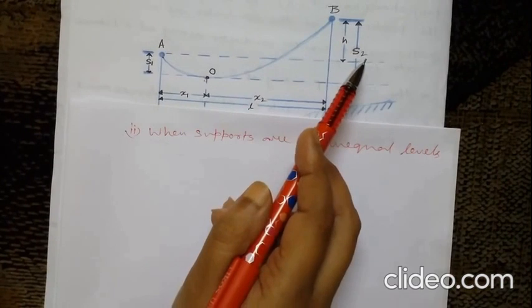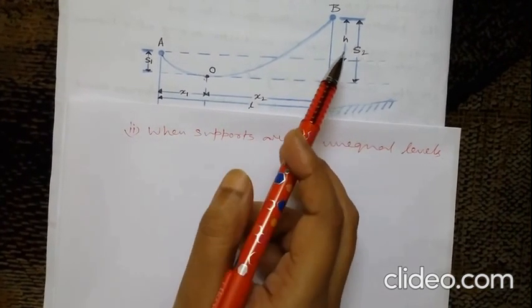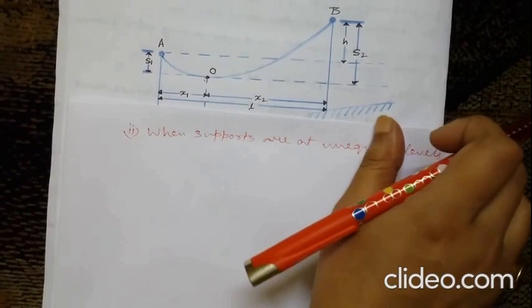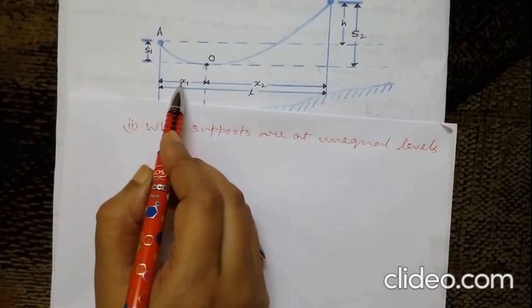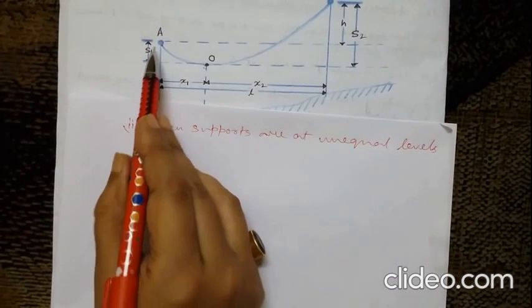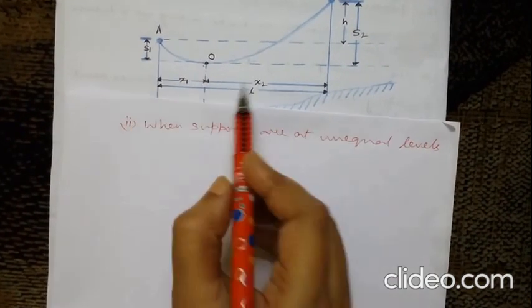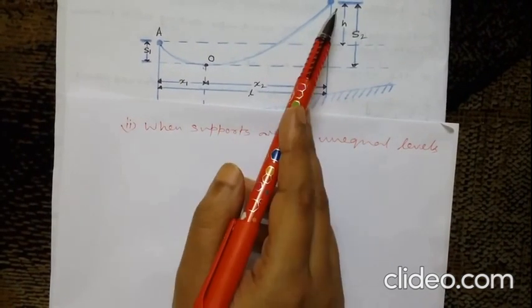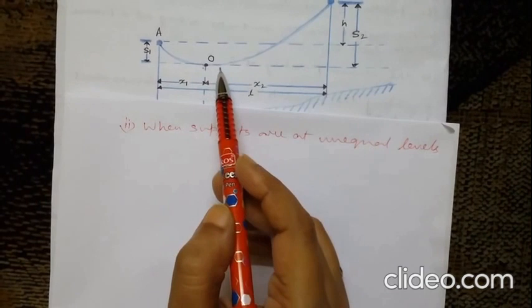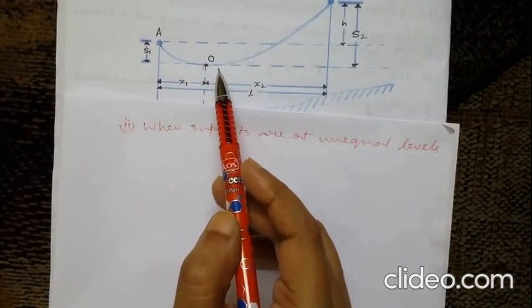That means h2 minus h1 equal to h. And x1 is the distance of the support at lower level, that is A, from O, and x2 the distance of the support at higher level, that is B, from O, and capital T equal to tension in the conductor.